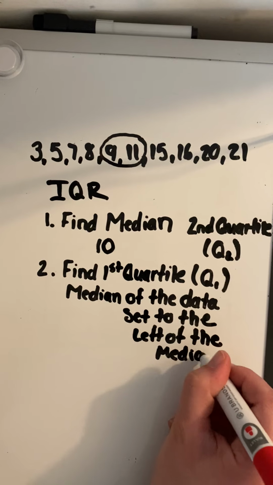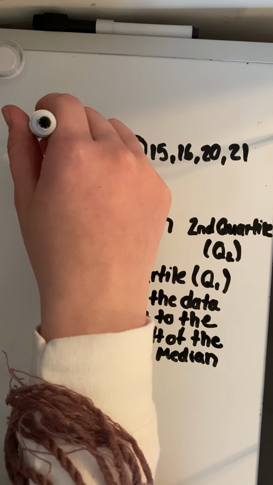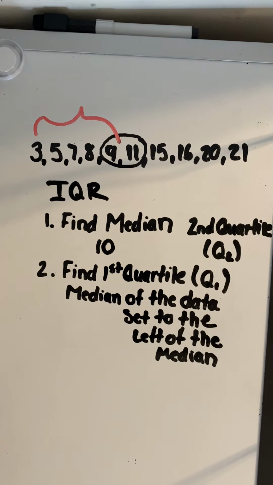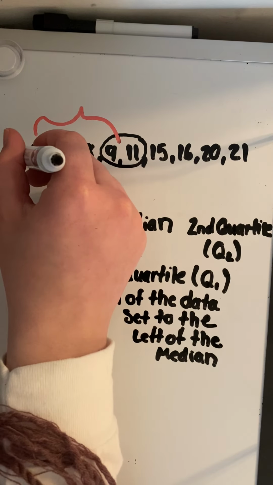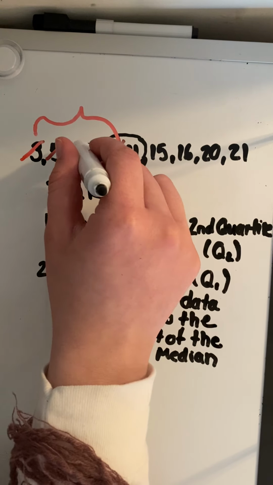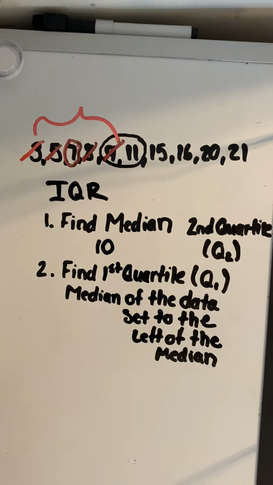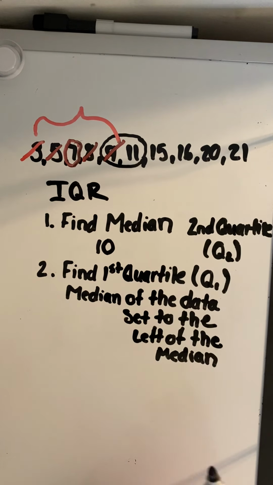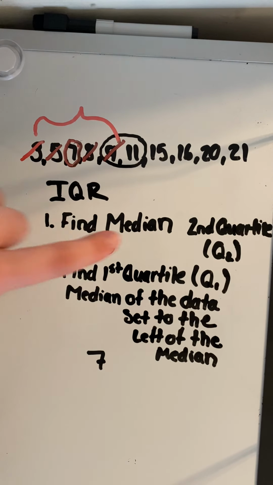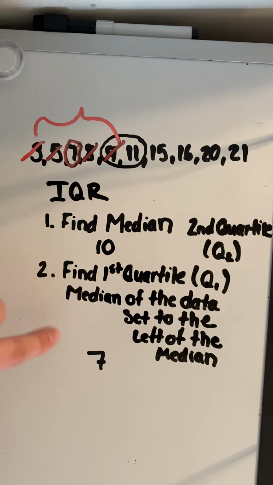Okay, so what that means is we need to find the median again, but this time we are going to find it for this area right here. Okay, so I'm going to cross off in red and look for my middle. So I cross off the 3 and the 9, the 5 and the 8, and I'm left with one term. If you have two terms, then you would have to find the average again. So our first quartile is 7. Okay, so we have Q2 being 10, or our median being 10, and our first quartile, or Q1, 7.